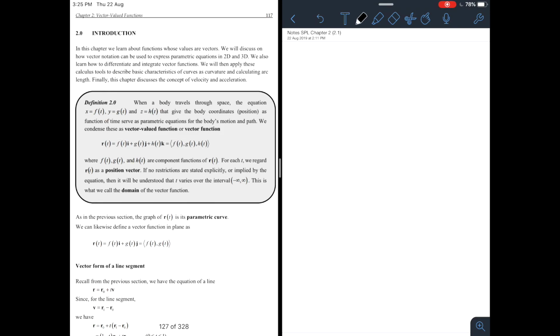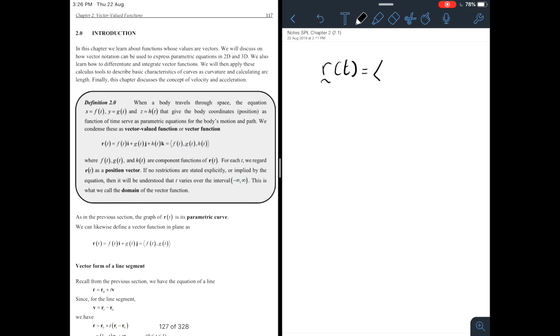We call this vector notation r(t) a vector valued function or vector function. If you look closely, you can represent this vector valued function in terms of i, j, k or the pointy bracket. In this case, you will have a different function for each component function.